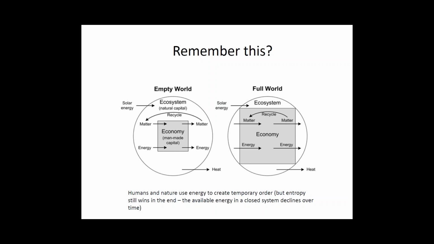And so both humans and nature use energy to create temporary order. We use that to put things into a certain configuration, because otherwise we use it to fight disorder on a temporary basis.